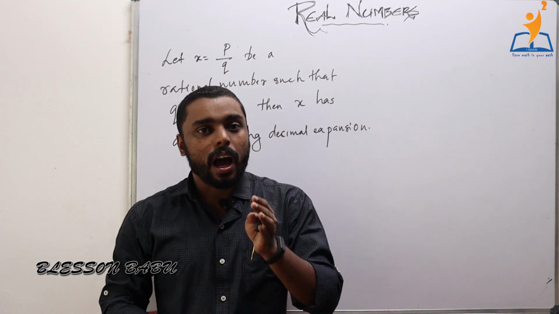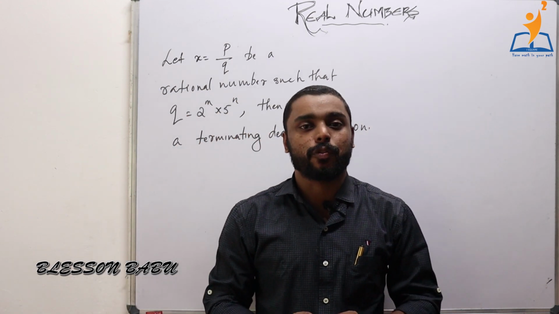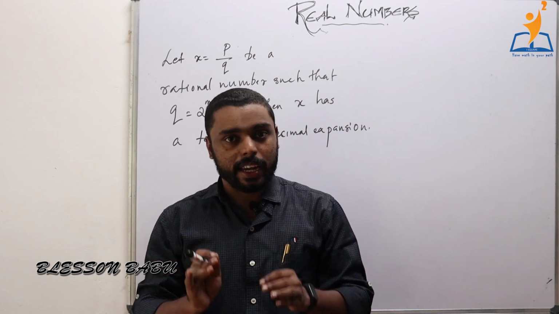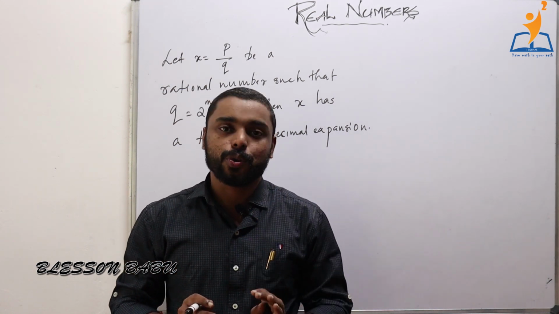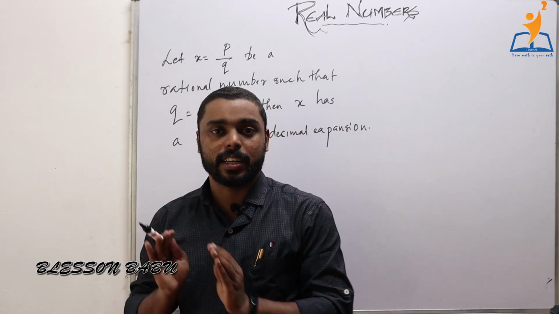Whenever a number has a terminating decimal expansion, the denominator will be of the form 2 raised to m into 5 raised to n, as well as whenever a number is of the form p by q, where q is equal to 2 raised to m into 5 raised to n, its decimal expansion will terminate.